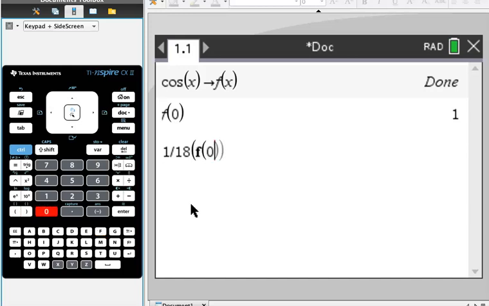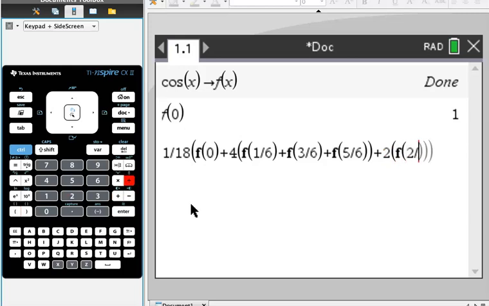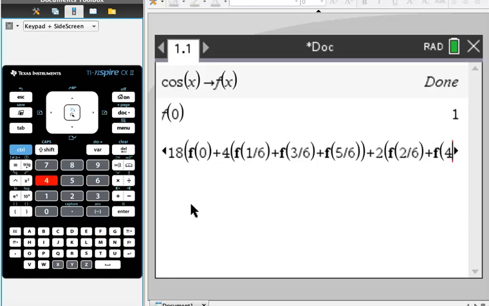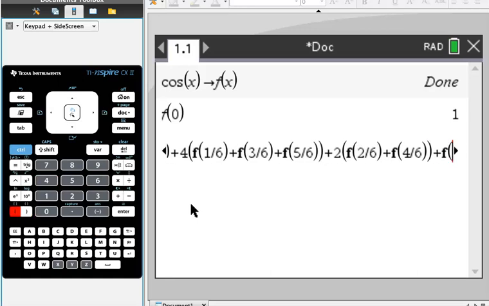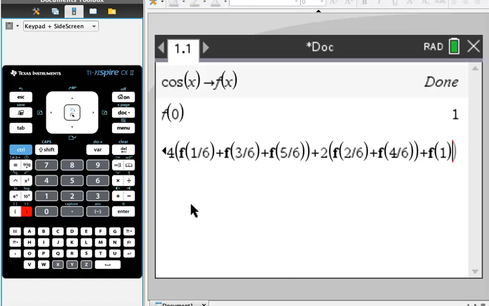And then I want f of 0 plus 4 times f of 1/6 plus f of 3/6 plus f of 5/6, so they're the odd numbered ordinates, plus 2 times f of 2/6 plus f of 4/6, and then plus the final ordinate value there, which is 1.